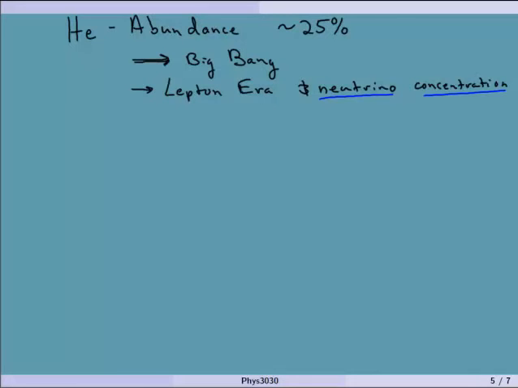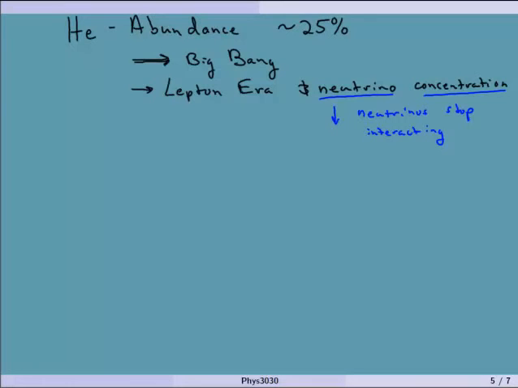So once it cools to a certain point, neutrinos stop interacting. And this is before recombination from photons and things like that. And so what ends up happening is the neutrinos go free, and the universe becomes transparent to them at some point, and then you stop getting those reactions.